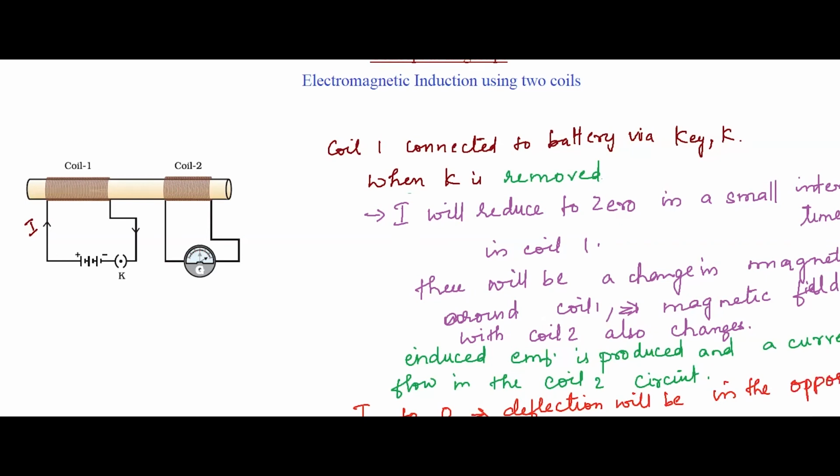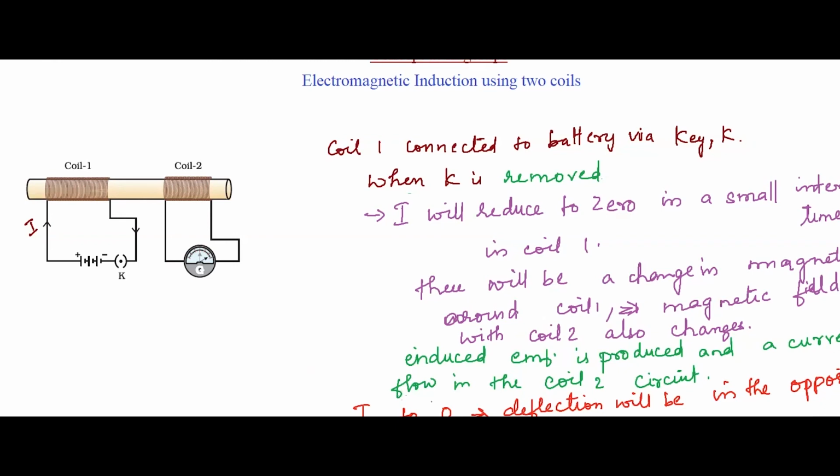Meaning, in the first experiment, if the galvanometer deflected towards the right, in the second one it will deflect towards the left.